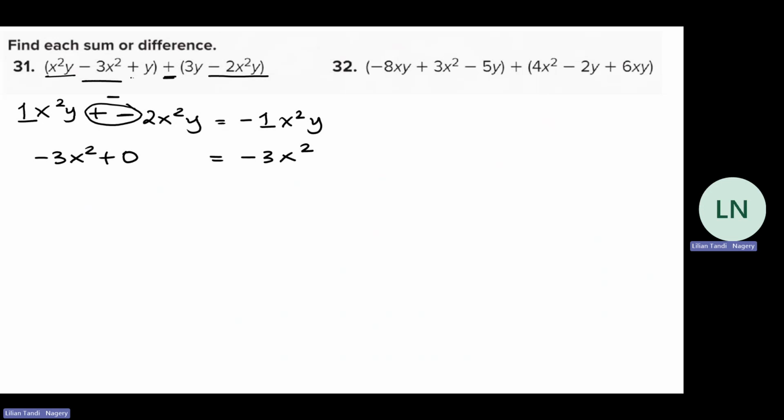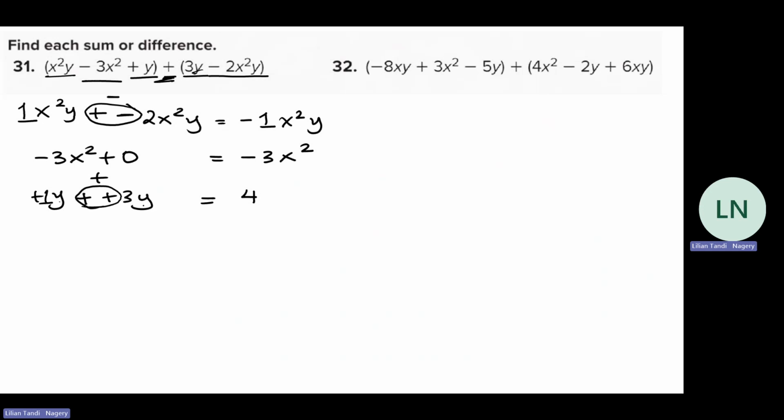Then I check here, positive y has a friend there. So positive y plus positive 3y. That becomes plus. So this becomes 1. 1 plus 3, 4.